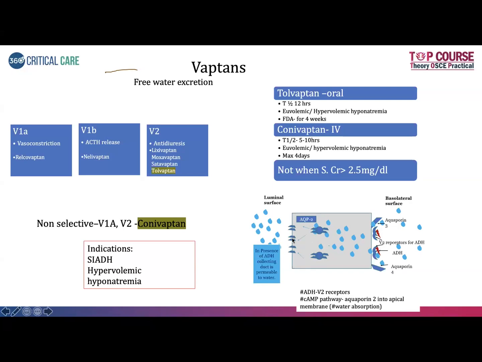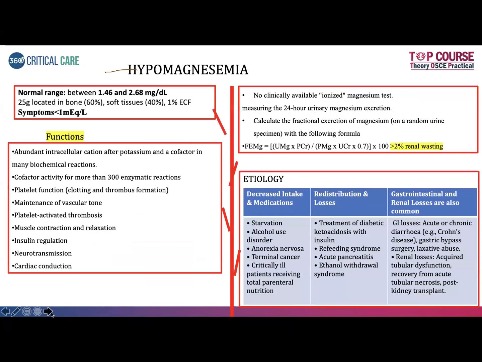So it blocks ADH acting on the V2 receptors, and the aquaporin translocating into the apical membrane. So it blocks this aquaporin 2 also. So water absorption does not happen. So there is more free water excretion. So that is the action of vaptans as such.